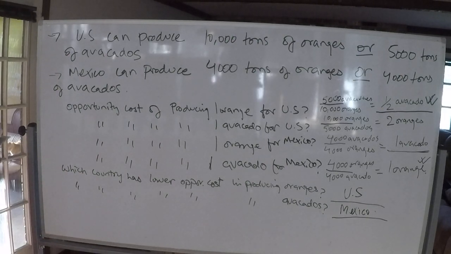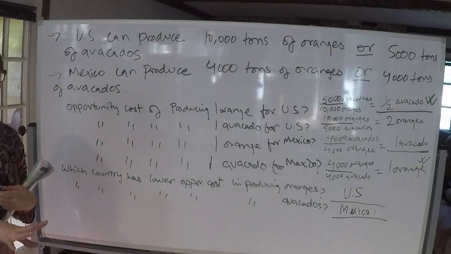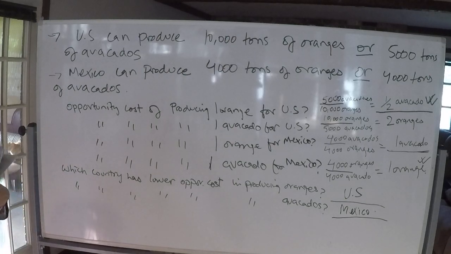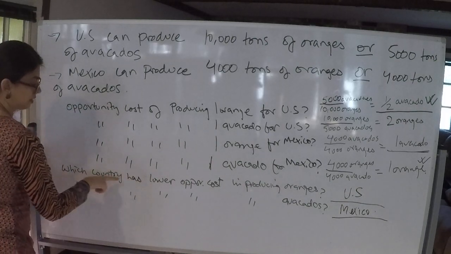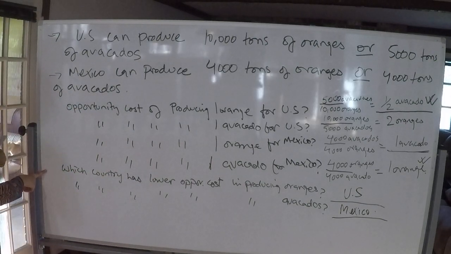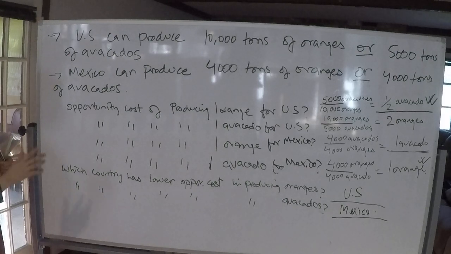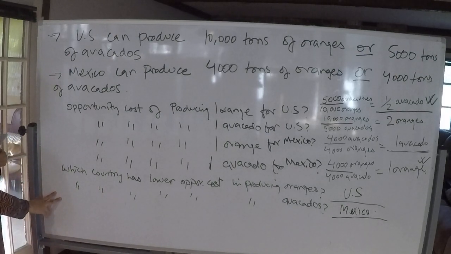Specialize means just producing one thing or focusing on one thing. So US should just focus on producing oranges because they have a comparative advantage in that. And Mexico should just focus on avocados.